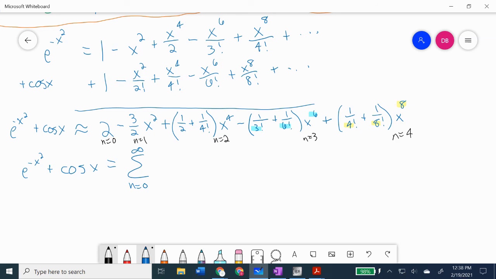Do you think you have a formula? It's not the prettiest formula in the world, but it is a formula. We keep that negative 1 to the n because it starts with a positive and then alternates negative, positive, negative, positive. And my exponent is always doubling my n.